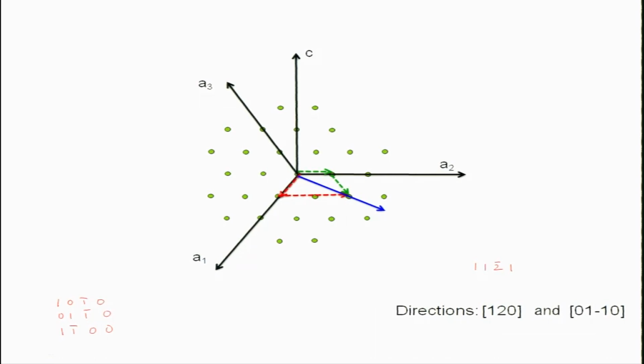So you go 1 in A1, 1 in A2, and then minus 2 in A3, which means 1 and another 1. You will end up somewhere here, and then you need to go 1 up. So it will be 1 up in the C axis. So then you connect this point with that point, that will take you to, yeah.